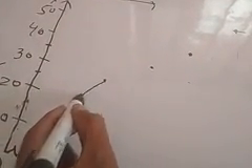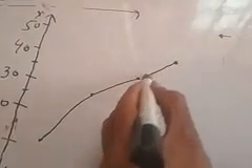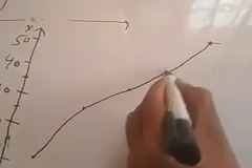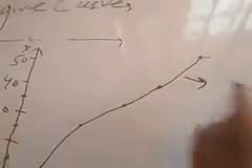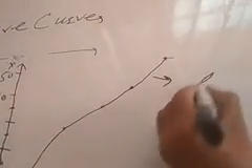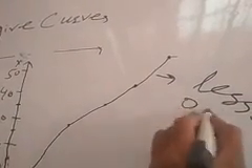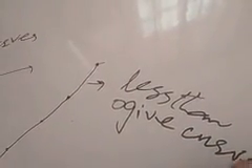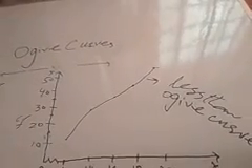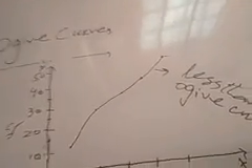Now if you join these points using a scale, this graph is known as the less than Ogive curve.